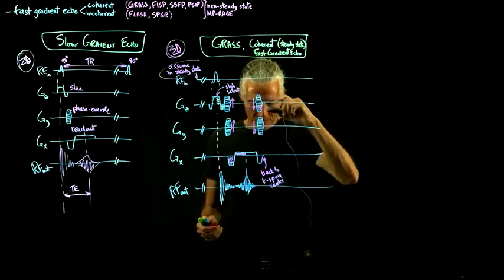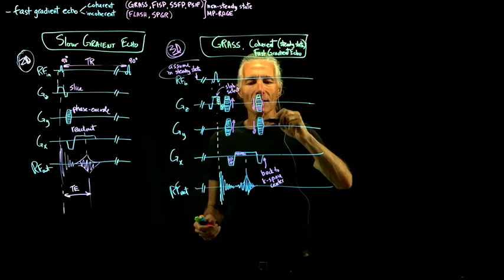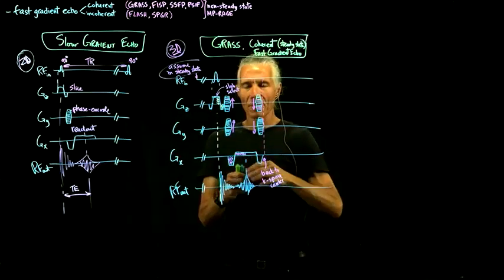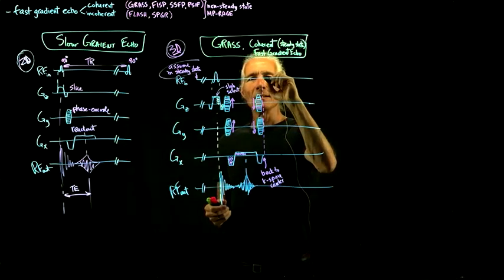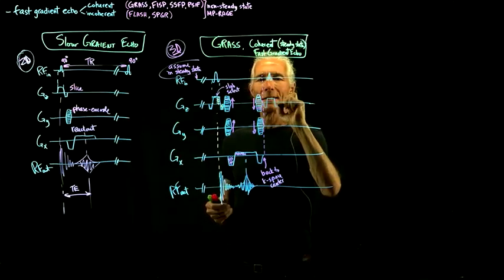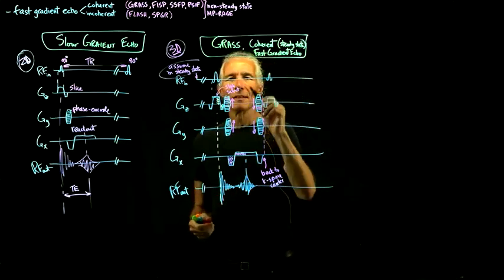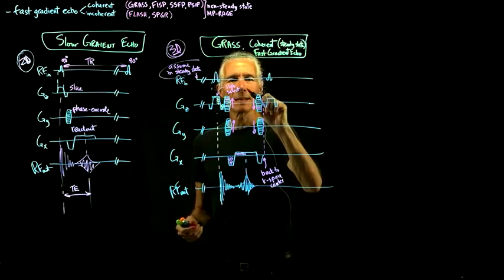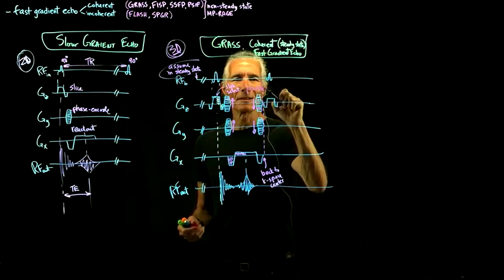So at this point we're ready to start again. So we could do another RF pulse, and that would be like a little prefixer, and then that's a slice select, so that's slab select. This is also what we call the partition direction.